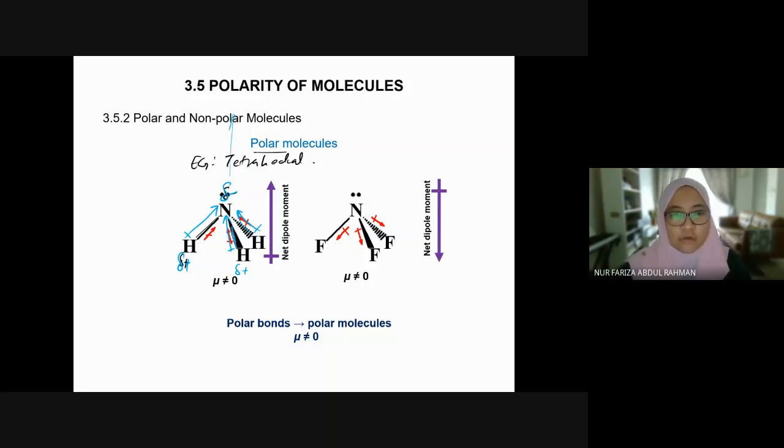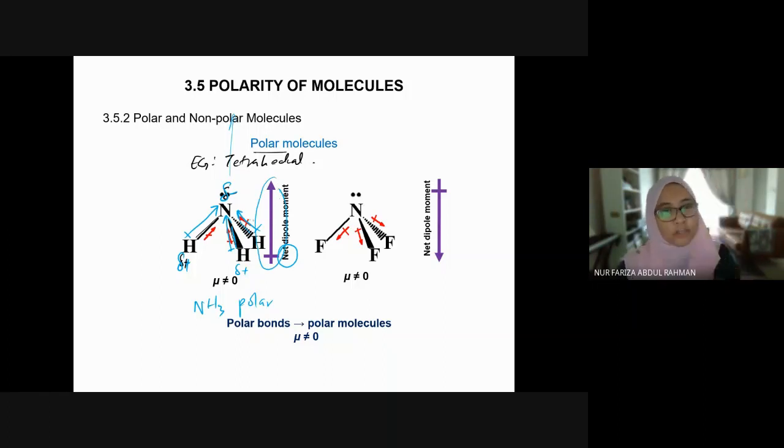Okay, so this is what we call net dipole moment. Maksudnya, it is a polar molecule if there is this net dipole moment at the end of the day. Faham tak? Okay, so NH3 is considered as polar because kenapa? Because there is a net dipole moment pointing upward.